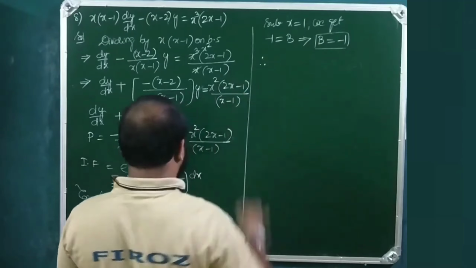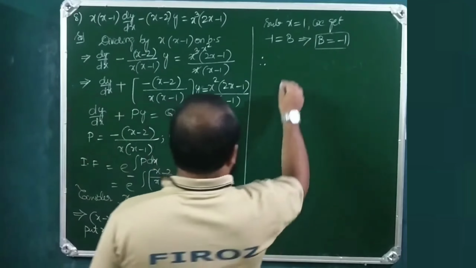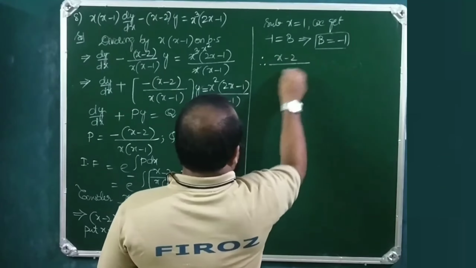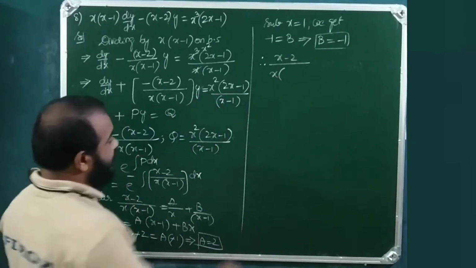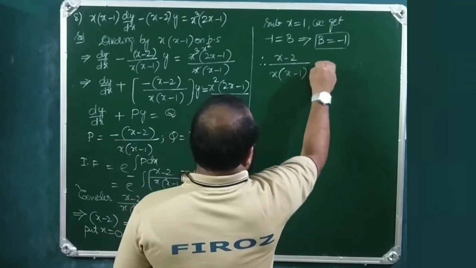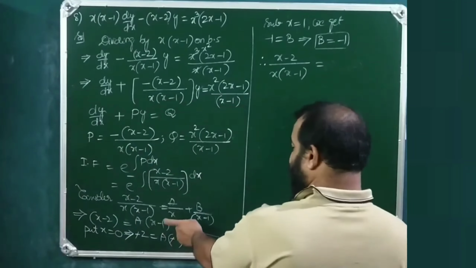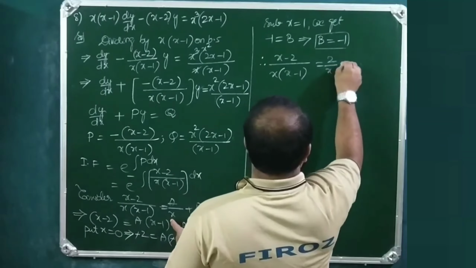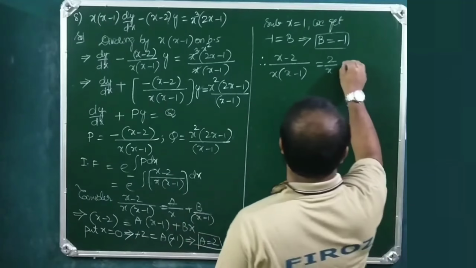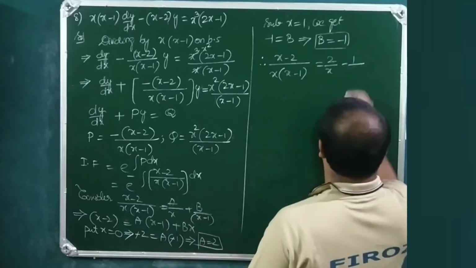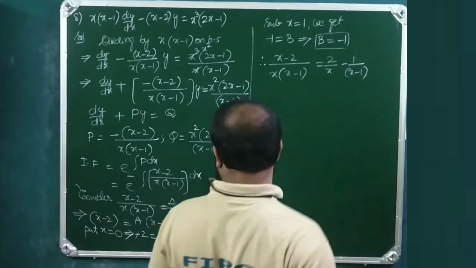Therefore x minus 2 by x into x minus 1 is equals to, the value of a is 2, so 2 by x, b value is minus 1 by x minus 1.